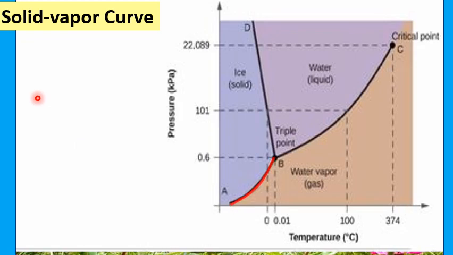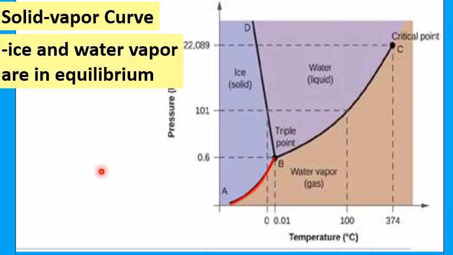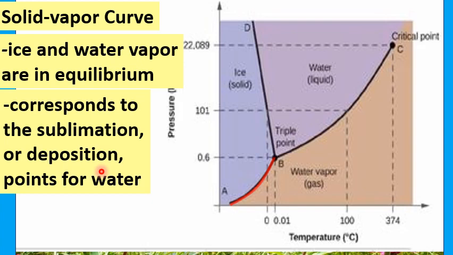The solid-vapor curve, labeled AB in the figure, indicates the temperatures and pressures at which ice and water vapor are in equilibrium. These temperature-pressure data pairs, all right, correspond to the sublimation or deposition points for water.